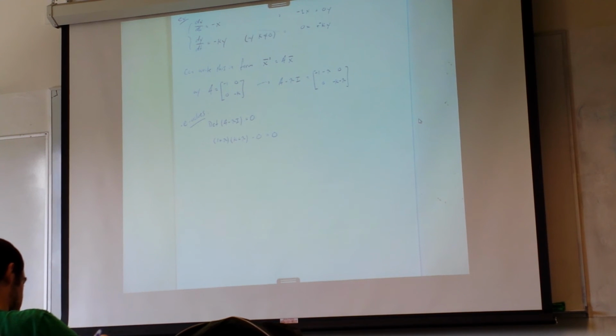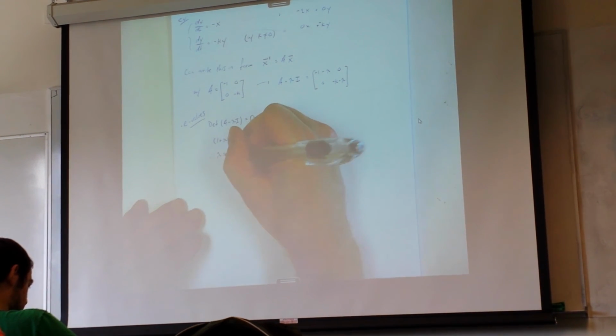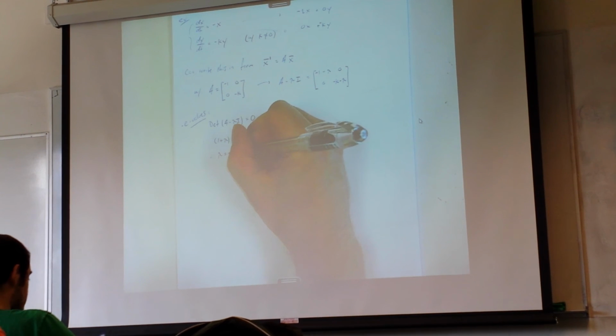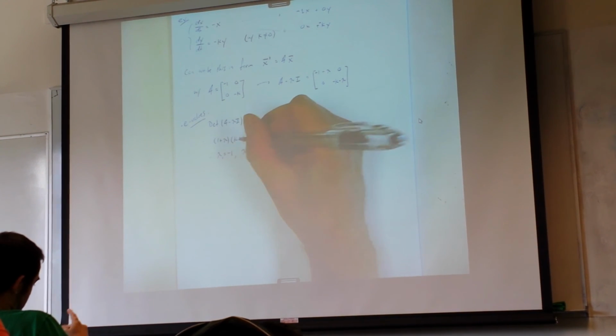Okay, so what are my values for lambda here? Lambda 1 is negative 1, and the other one, lambda 2, will be negative k.